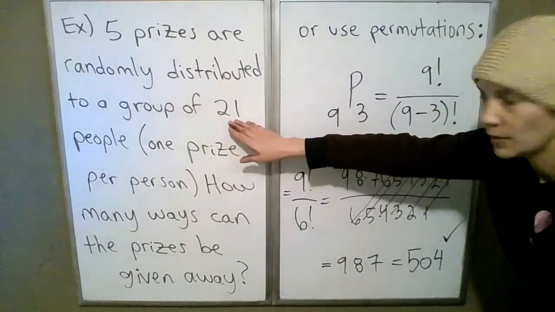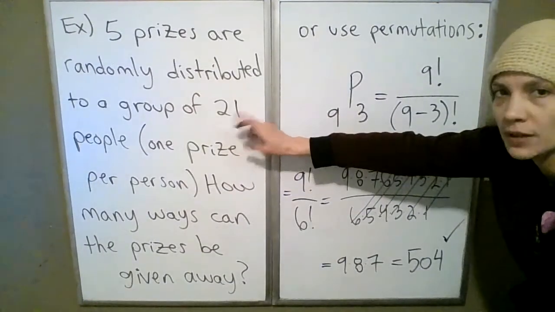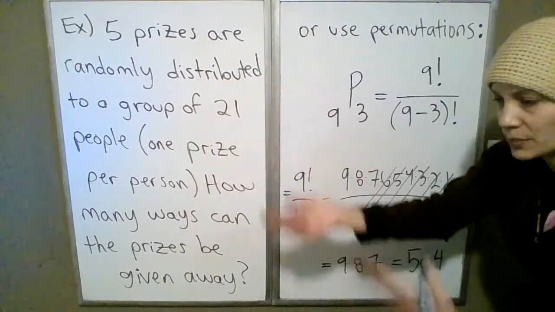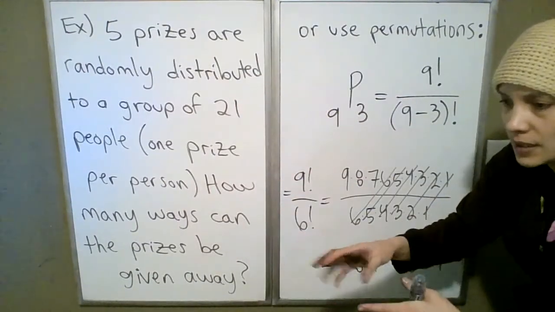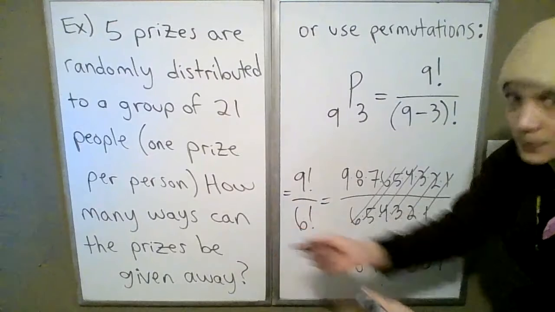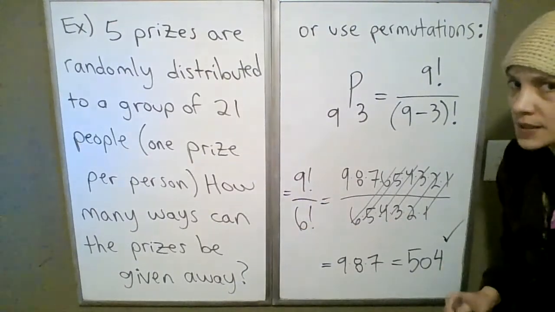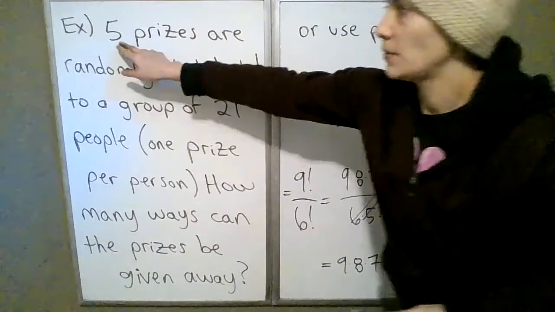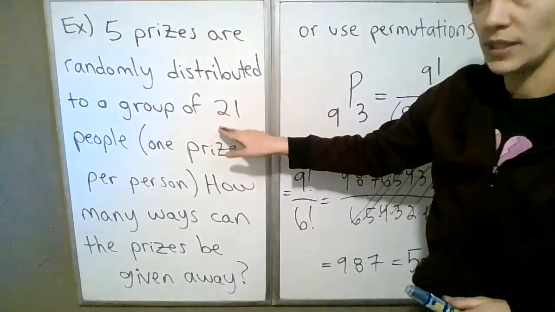Okay, so we've got a set of 21 people, and you want to pick 5 people to give prizes to. It doesn't matter what order you hand these prizes out, just as long as those people each get a prize. So since order doesn't matter, we're going to use combinations and pick 5 people out of 21.